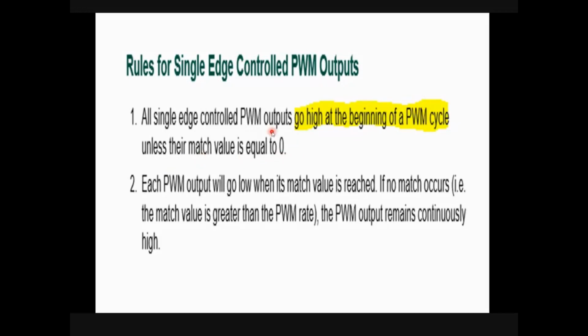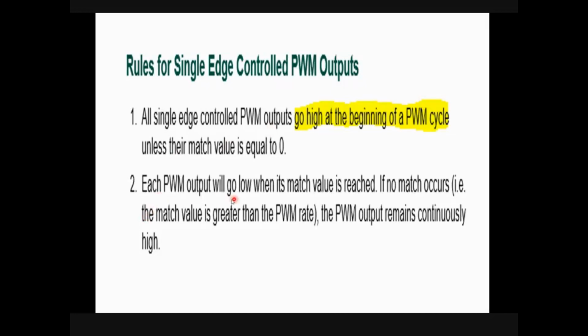This informs that the PWM wave for a single-edge controlled PWM starts with a high value, logic 1, equal to 5 volts. So our wave will be starting from 5 volts, not from 0 volts. So the PWM wave is a square wave where we can change the width of the signals.